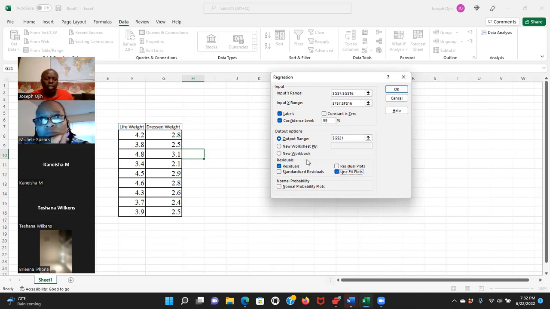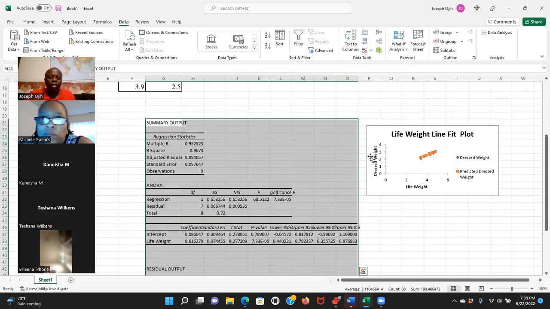Are we doing a test? Yeah, it asks us to find, is there a relationship between the two variables? So we have the confidence level. Okay, it's good, excellent. Okay. So the scatter plot is here. That was the first question.